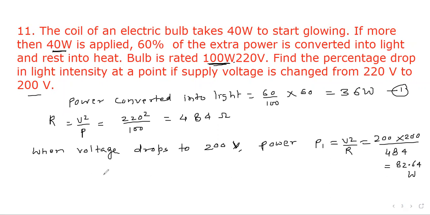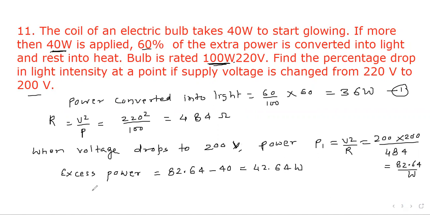So this time, the excess power: the limit is 40 watt, and this time power is 82.64. So the excess power will be 82.64 minus 40, that is 42.64 watt. And 60% of it will convert into light.